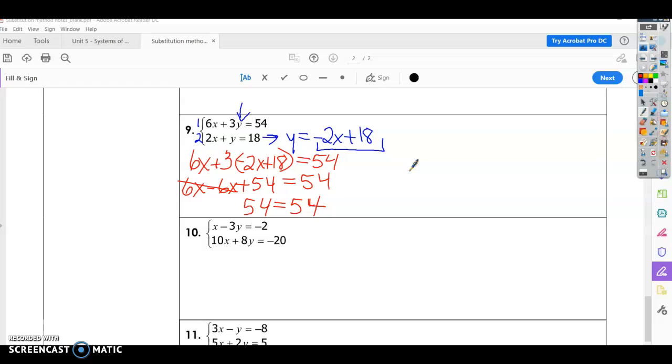So this time we're going to have all real numbers, or you can write that as the infinity symbol. The infinity symbol is kind of like a sideways 8. All right, so that's all you need to know for substitution.